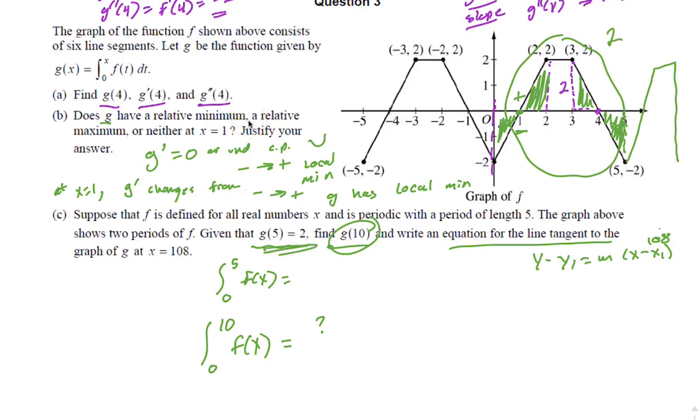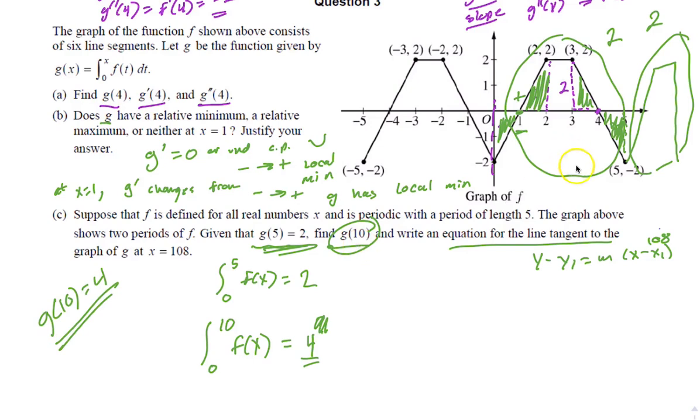And then all this must also be 2 then. So this is just going to be 4. So I know what g of 10 is. g of 10 is 4. So that's one of the answers. g of 10 equals 4.